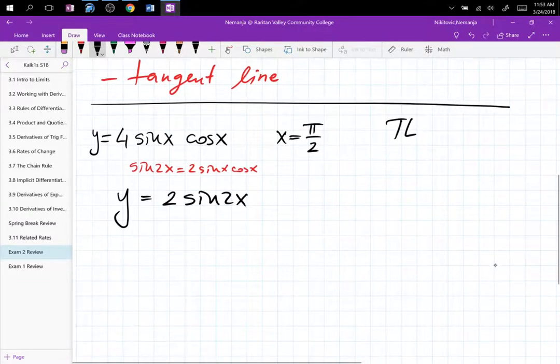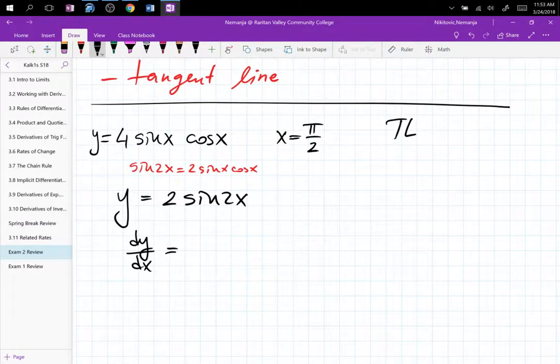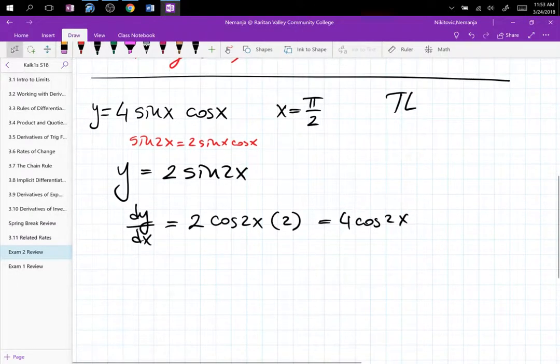So what's my derivative over here? What's my dy/dx? Copy the constant. The derivative of sine is cosine 2x, and then times the derivative of the inside, the chain rule. So now the derivative is 4 cosine 2x. If you compute the derivative at the point, you get the slope.